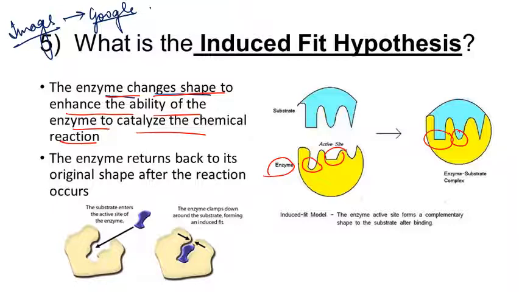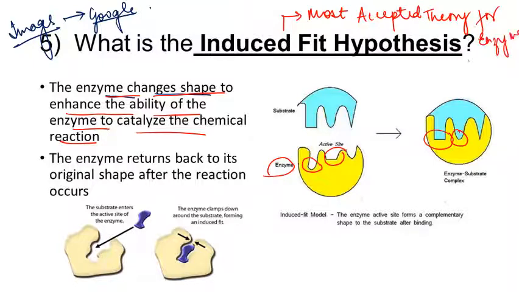Why does the shape change? To enhance the ability of the enzyme to catalyze the chemical reaction, so that it can bind to the substrate. The induced fit is the most accepted theory for enzyme action.